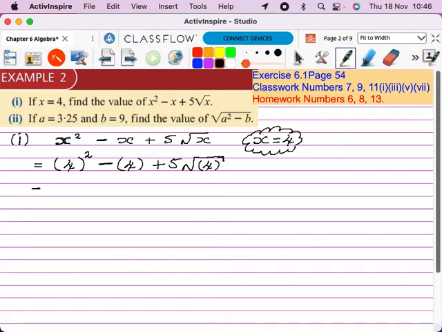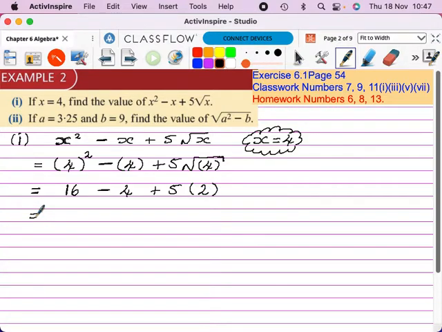Now, you are allowed to use calculators, but I think today we're going to break this down. And 4 squared is equal to 16. Then we've got minus 4 plus 5. Now, the square root of 4 is 2, which is still left inside a bracket.